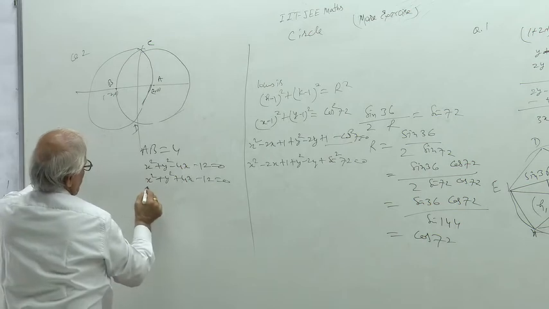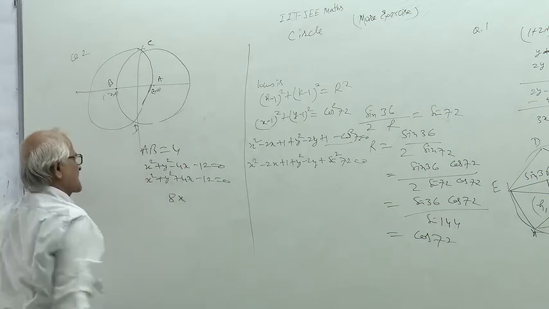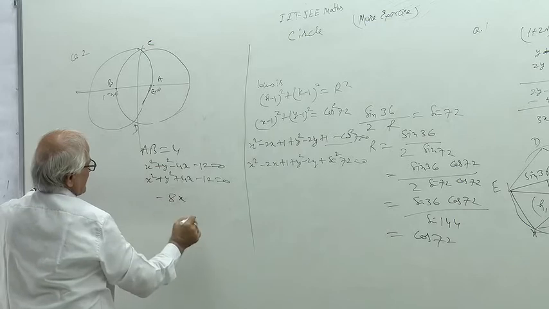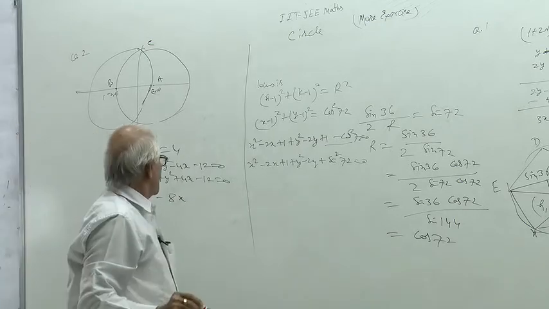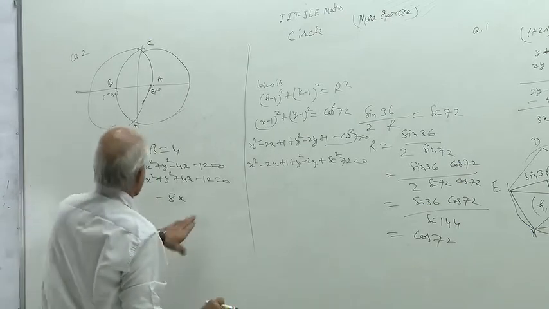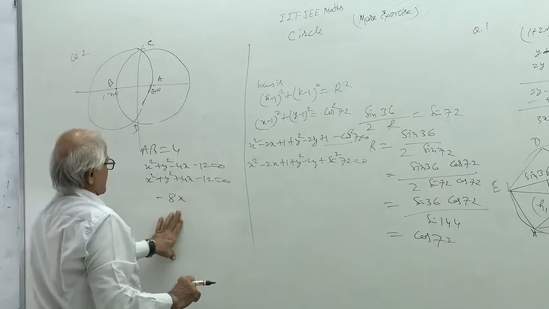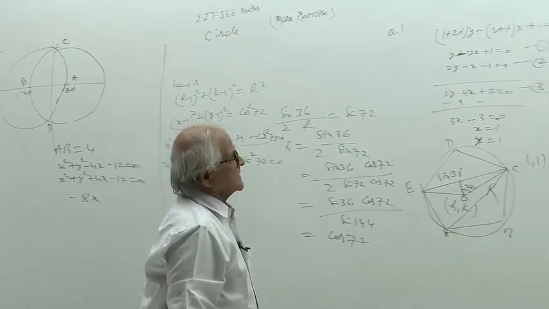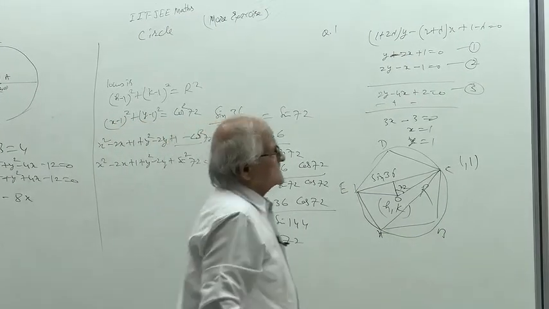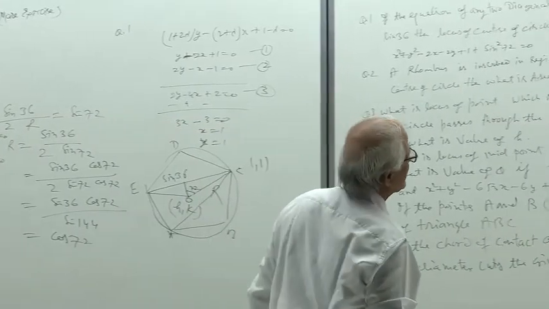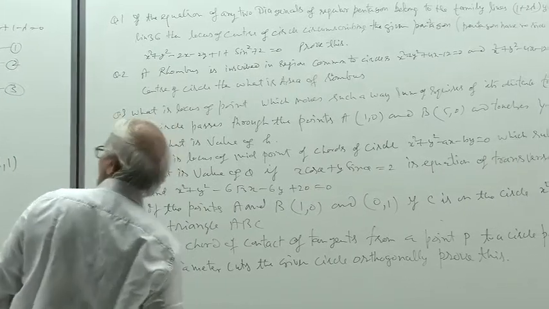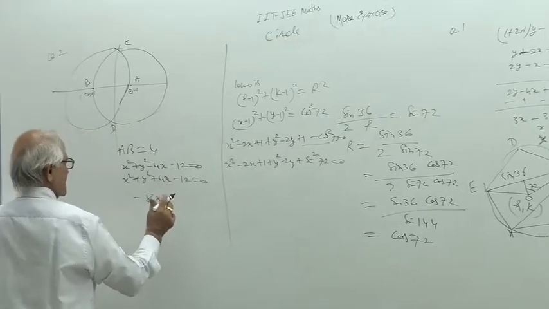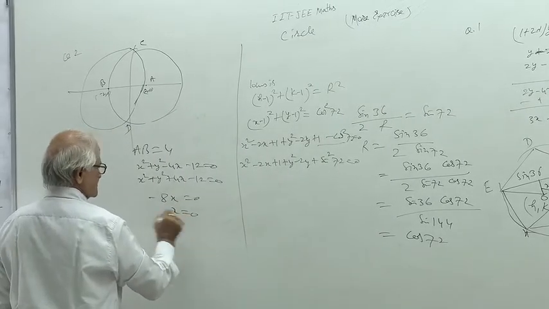If we subtract, we get minus 8x is equal to minus, and we subtract this, you get this. And now what is the equation of the circle? Now this will cancel out, we will get 0, x is equal to 0.